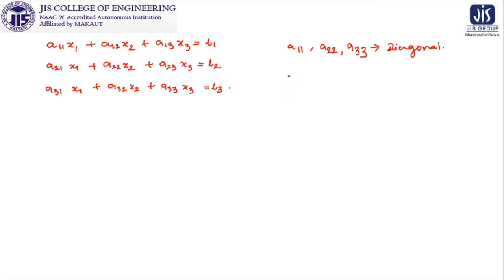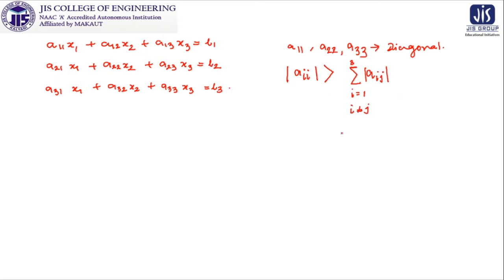Now, if we have one condition that aii is greater than the summation of mod of aij, where j runs from 1 to n, if there are n variables, so here 3, and j not equal to i.